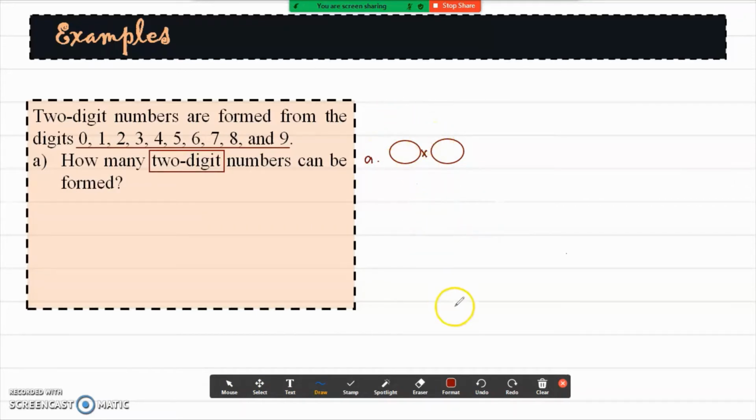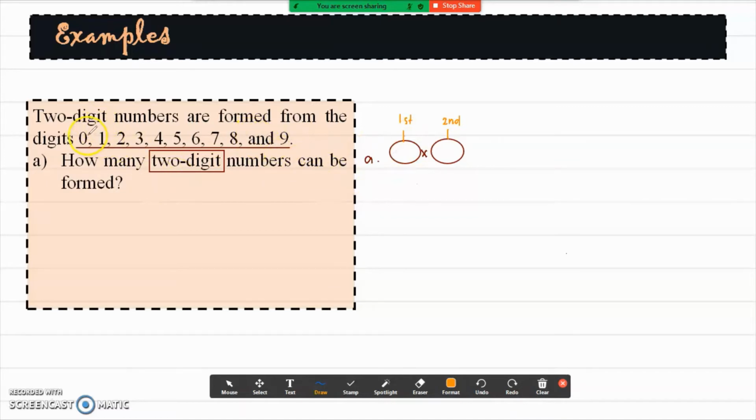In the first circle, we will write the number of options that we have for the first digit. And for the second circle, we will write the number of options for the second digit. Since in question A we are asked how many two-digit numbers we can form out of the given digits, we know that the first digit cannot be 0.